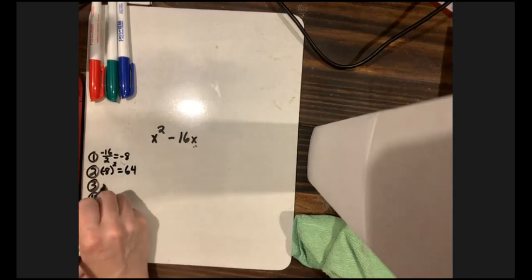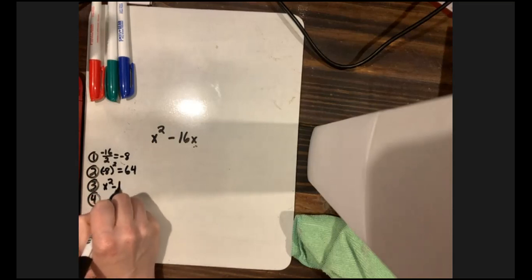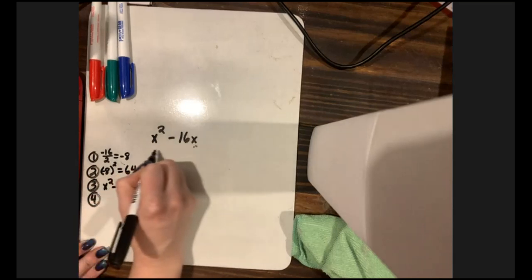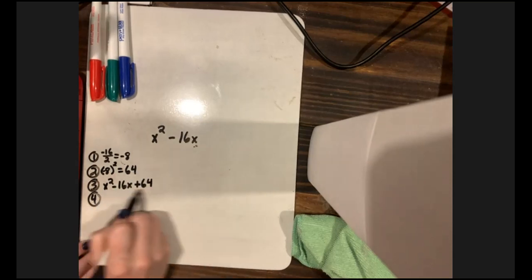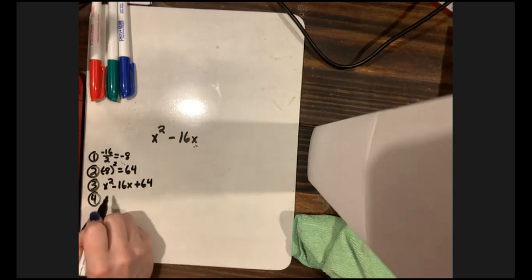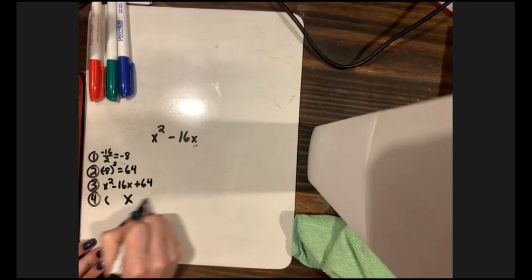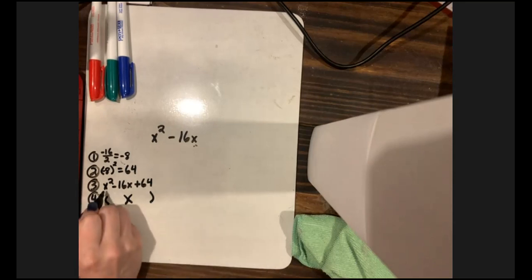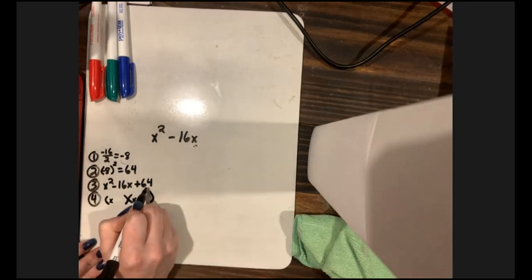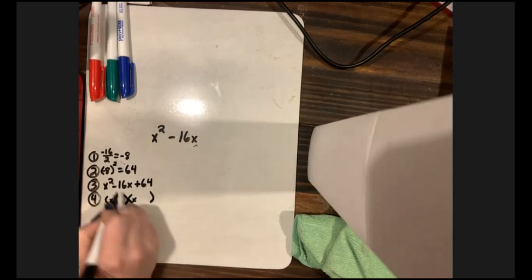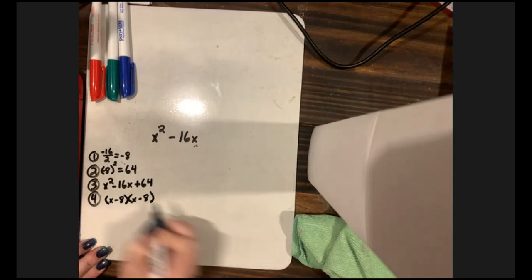Okay. Now, x squared minus 16x. So we're bringing the original chunk that we have right down here, and we're going to add this value that came from here. Now, when I go to factor this, the only way I'm going to get x squared is an x and an x, and I need a pair of numbers that multiplies to make 64 and combines to make -16. So it's going to be an 8 and an 8, and they actually both have to be negative.